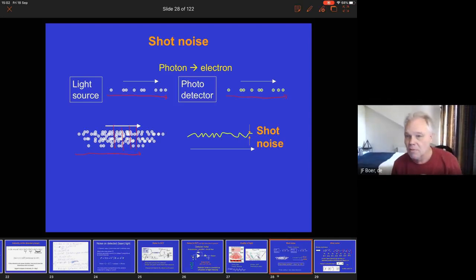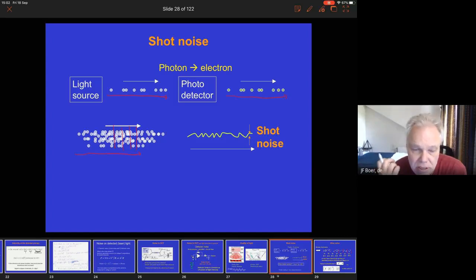The number of particles just fluctuates a little bit, and that creates a fluctuation in the current, and that's why we call it shot noise. So this is a fundamental noise term because it's related to the particle nature of light.